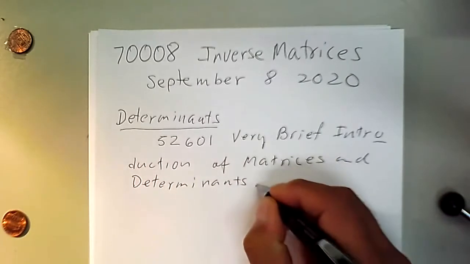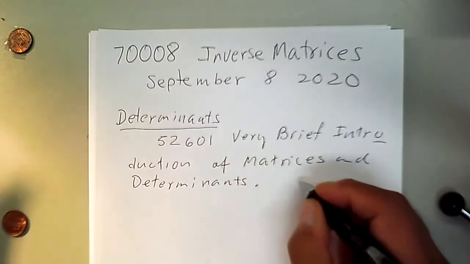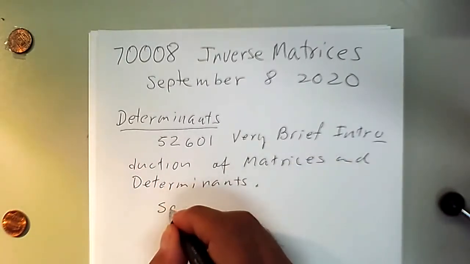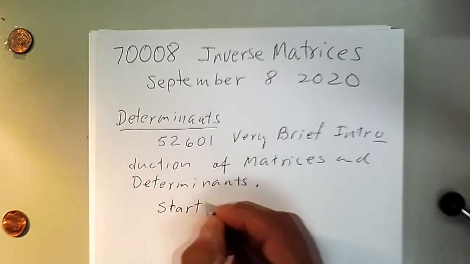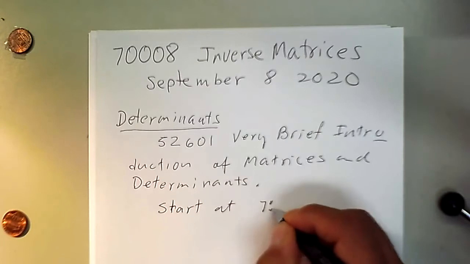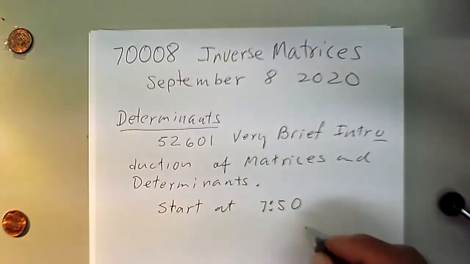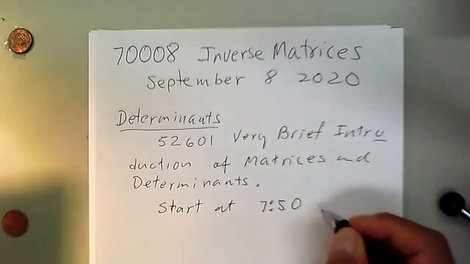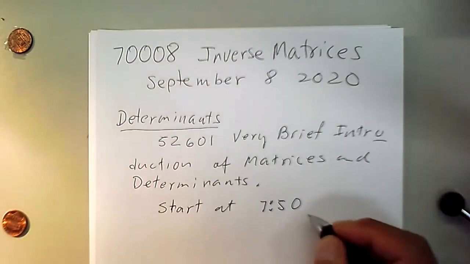If you just want to look at determinants, start at 7:50, 7 minutes 50 seconds, and that's where you're going to start seeing the determinants.